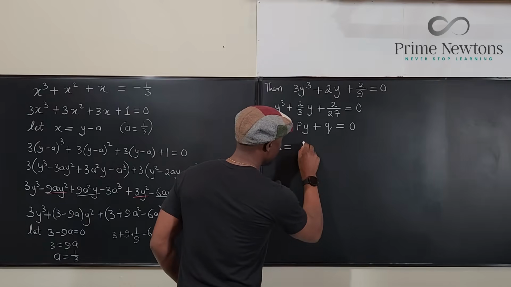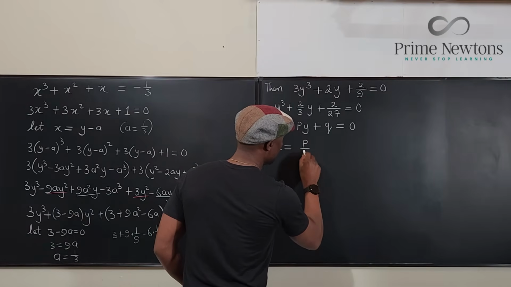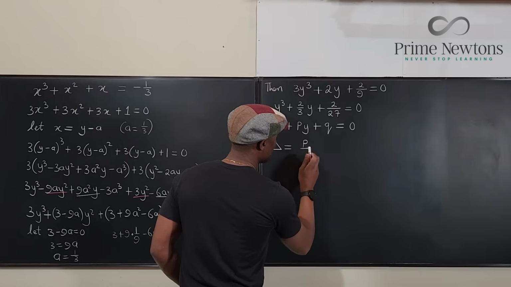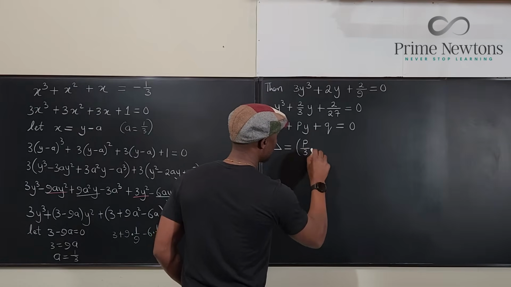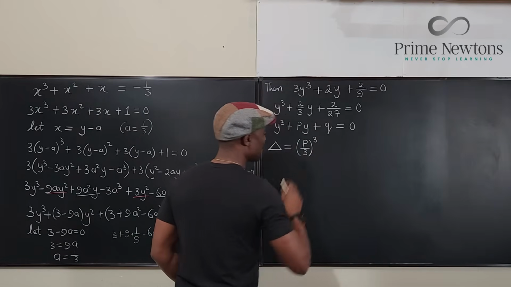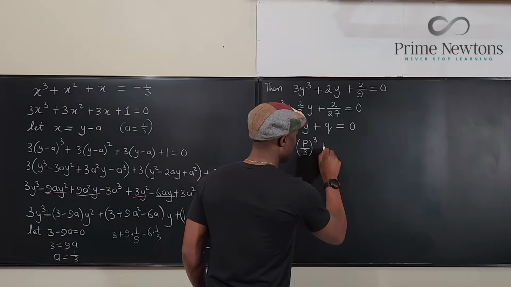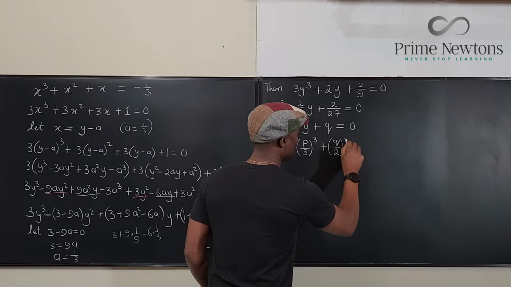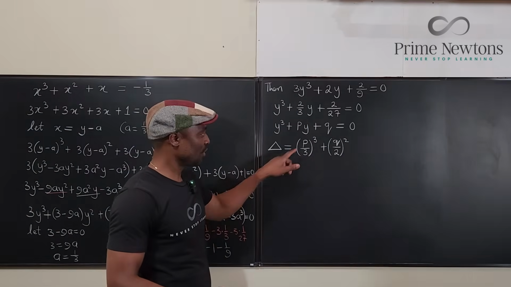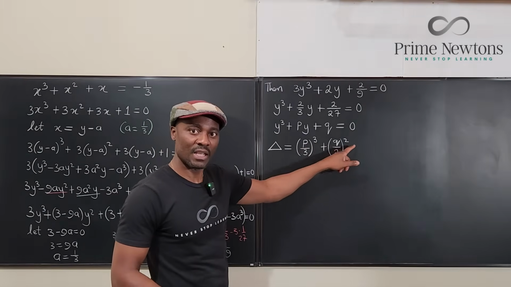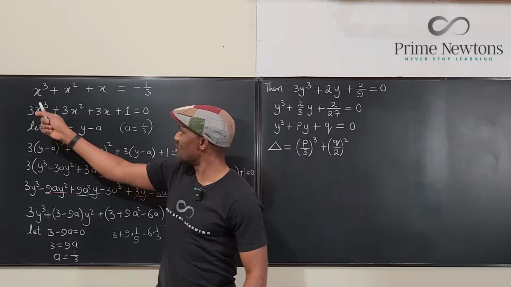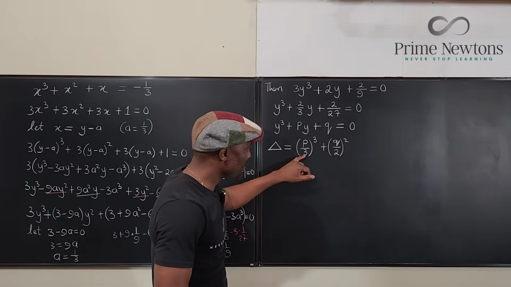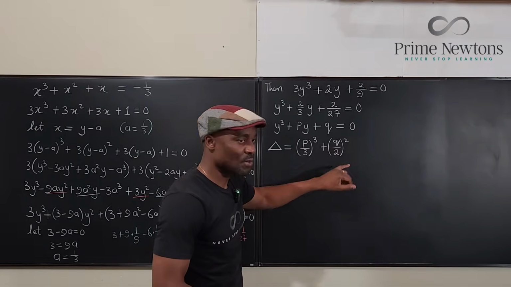It's going to be p over 3 cubed, yes, p over 3 cubed, plus q over 2 squared. See, they're very similar. Just know that the first is cubed, the second is squared. Just as in the original equation, right? So you want to say p over 3 cubed plus q over 2 squared. That would be the discriminant.